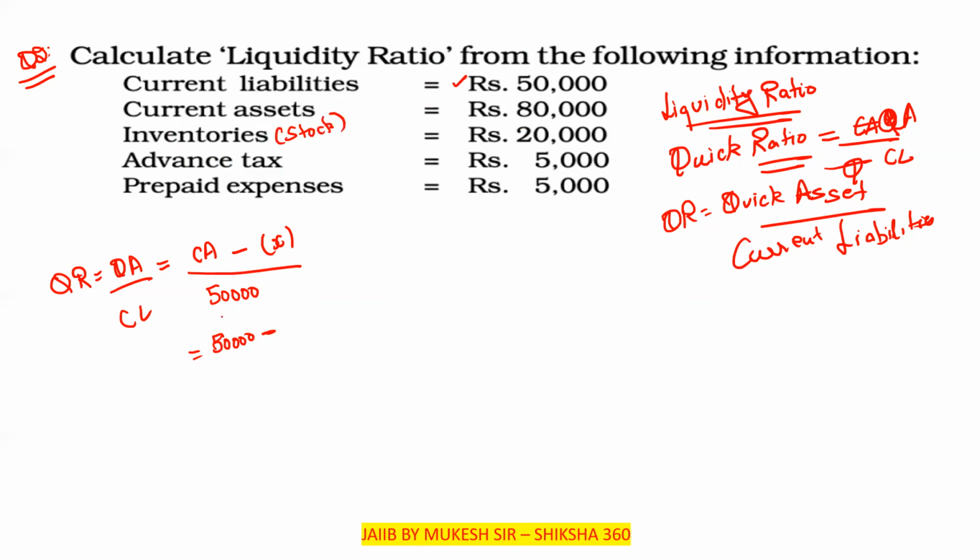Stock we have to subtract from that, 20,000. Is advance tax subtracted or not? No, it has no role. Prepaid expenses, because they are converted into service, we will subtract that also, upon 50,000.